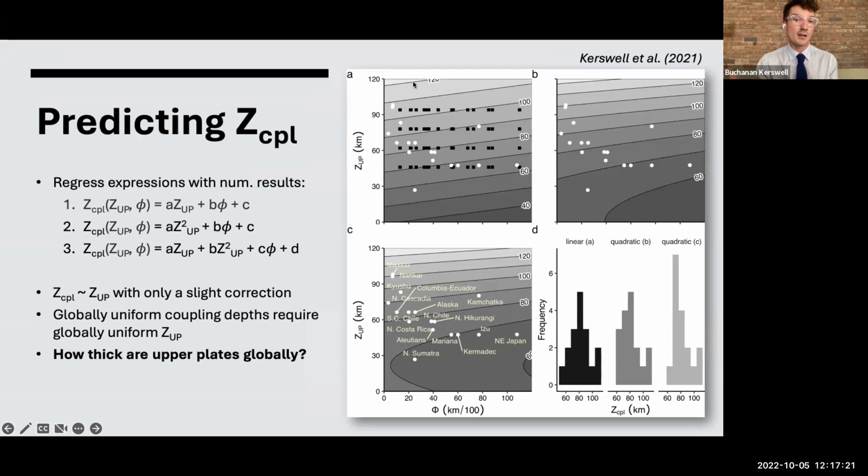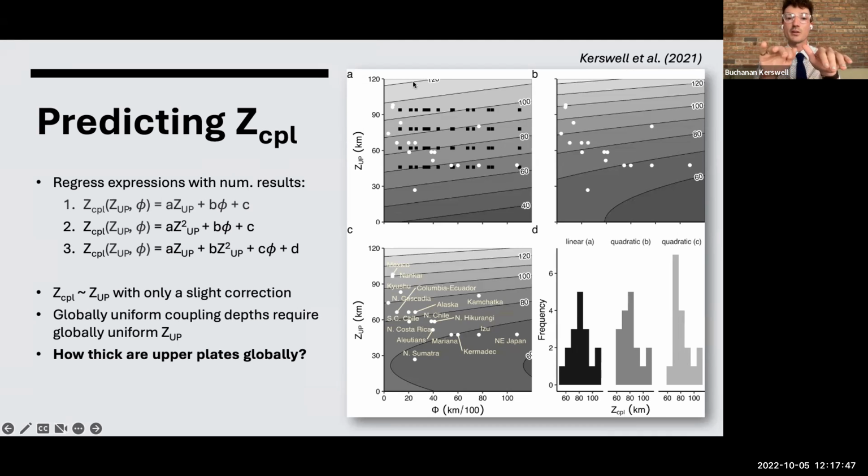So we use three different expressions. One is linear, that's the top left plot. The other two are quadratic, of two slightly different flavors. That's the top right plot and the bottom left plot. The black squares on the plots are the numerical simulations that we use to regress these contours.